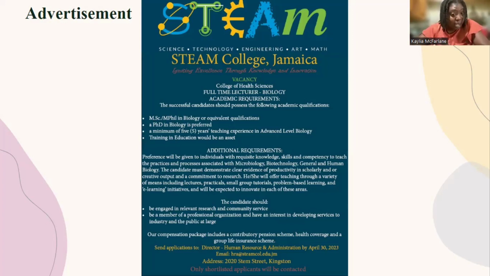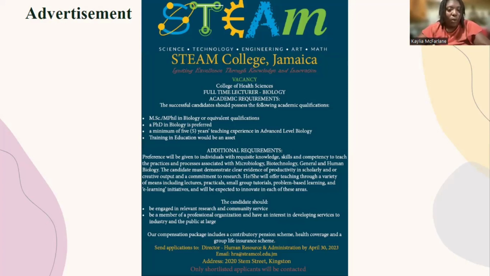A PhD in biology is preferred. Those are job specifications. And the description now tells what the person will be able to do when they are working. Like, for example, down here tells you the preference will be given to the individuals with requisite knowledge, skills, and contemporary competency to teach, etc. So this section tells you of the job description. Here tells you of the job specification.